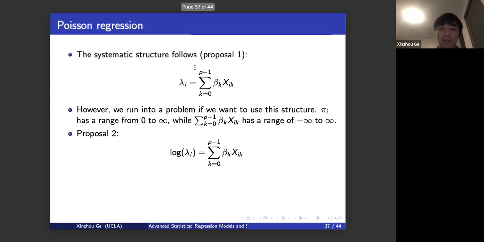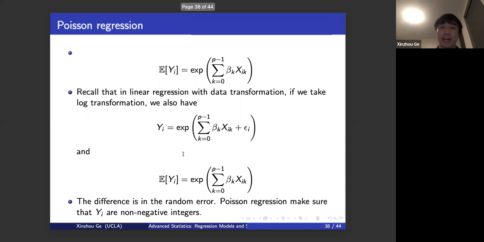If we use Poisson regression, the expectation of y, which is lambda i, has its log in this linear format, so that the expectation of yi will be the exponential of this linear format. And if you recall, in yesterday's workshop, we talked about data transformation.